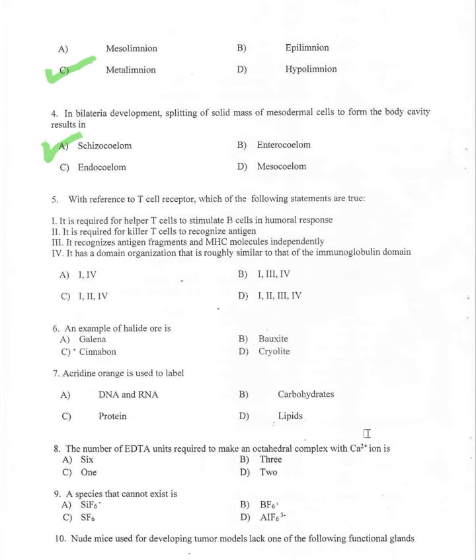Question number 5. With reference to T cell receptor, which of the following statements are true? Four statements are given and you have to tell which are true. Statement 1: it is required for helper T cells to stimulate B cells in humoral response. Statement 2: it is required for killer T cells to recognize antigen.